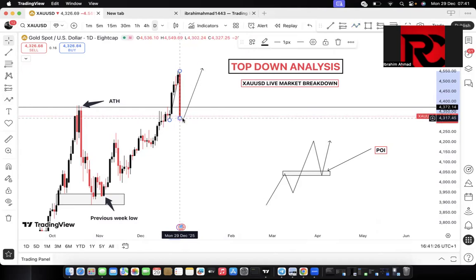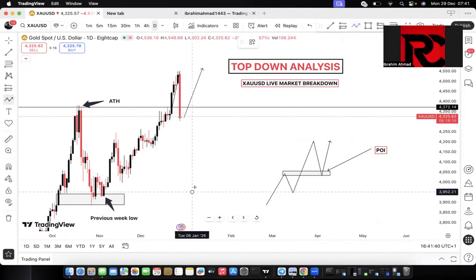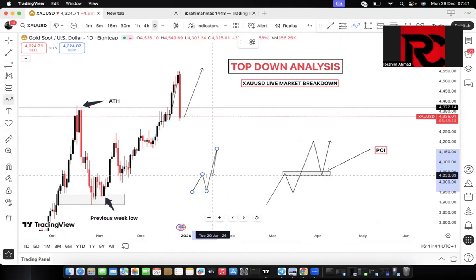So this zone is already a resistance to support zone.